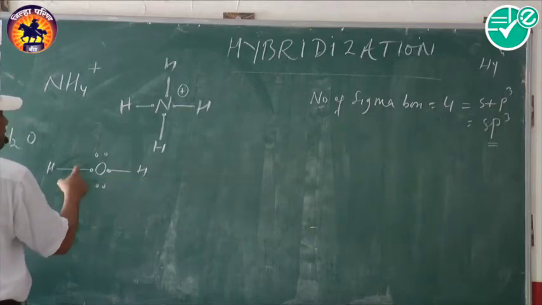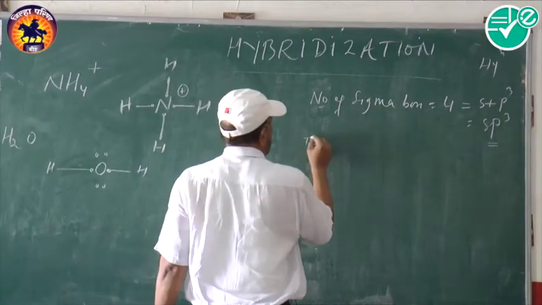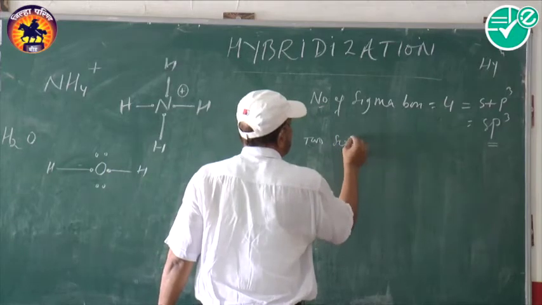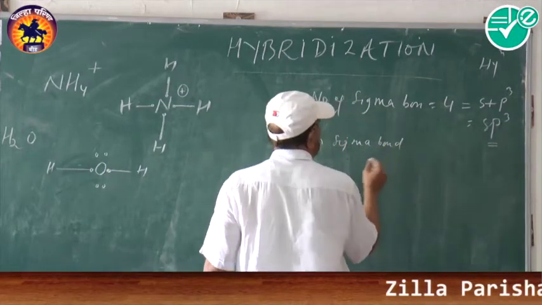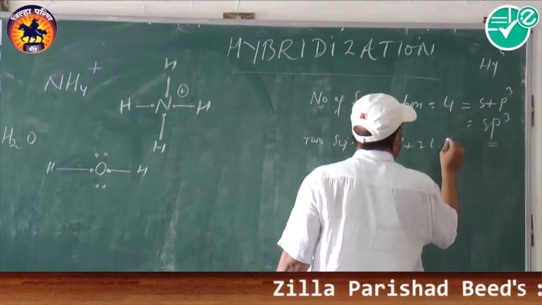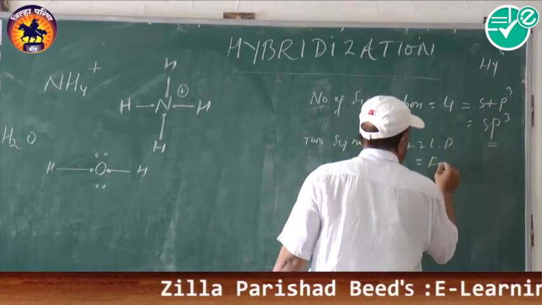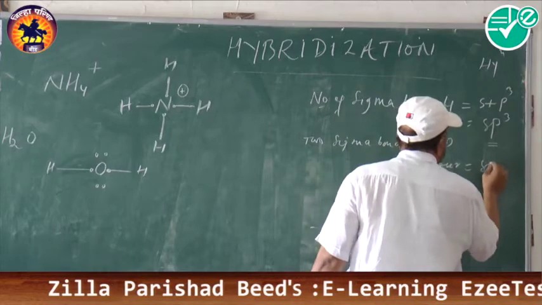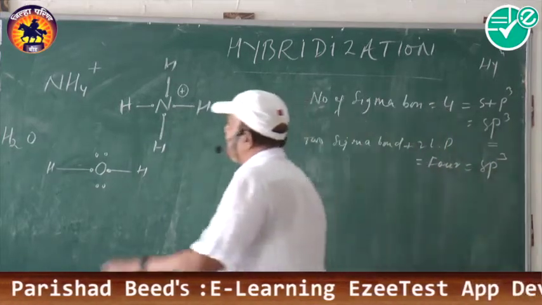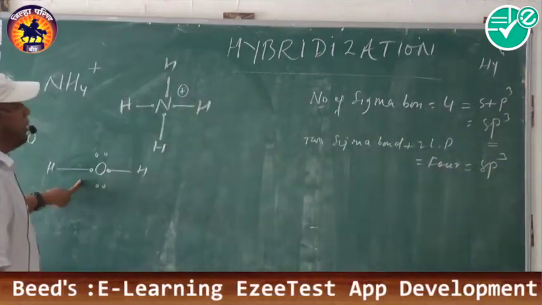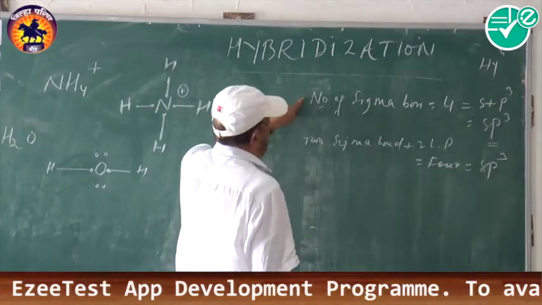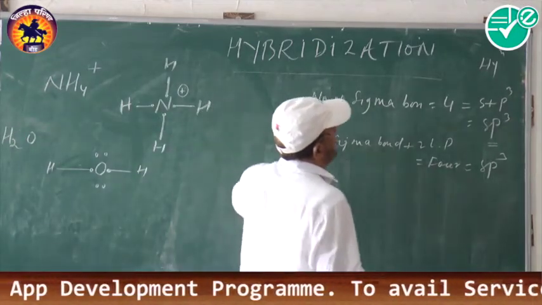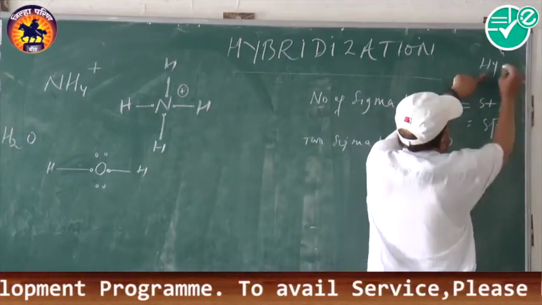Therefore there are 2 sigma bonds plus 2 lone pairs equal to 4, hence sp3. Means in any compound, the total number of sigma bonds as well as lone pairs will decide their hybridization.